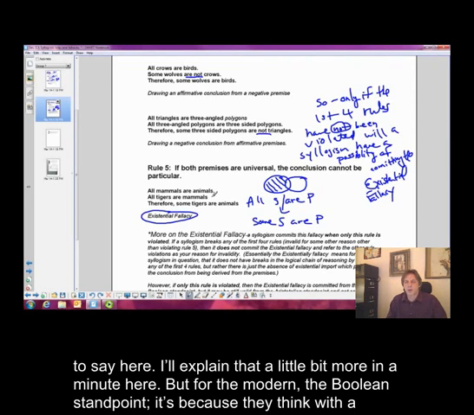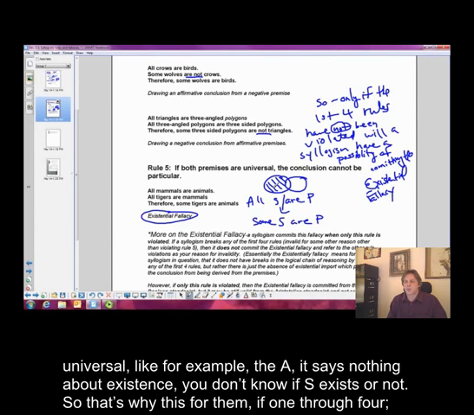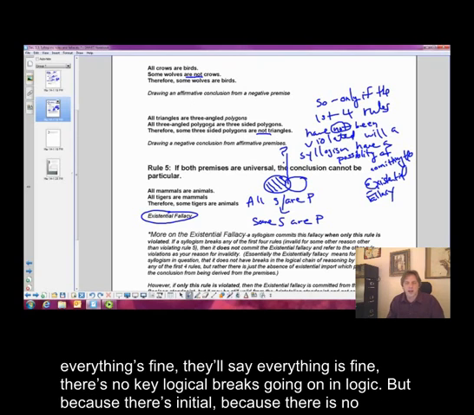But for the modern, the Boolean standpoint, it's because they think with a universal, like for example the A, it says nothing about existence. You don't know if S exists or not. So that's why for them, if 1 through 4 everything's fine, they'll say everything is fine.